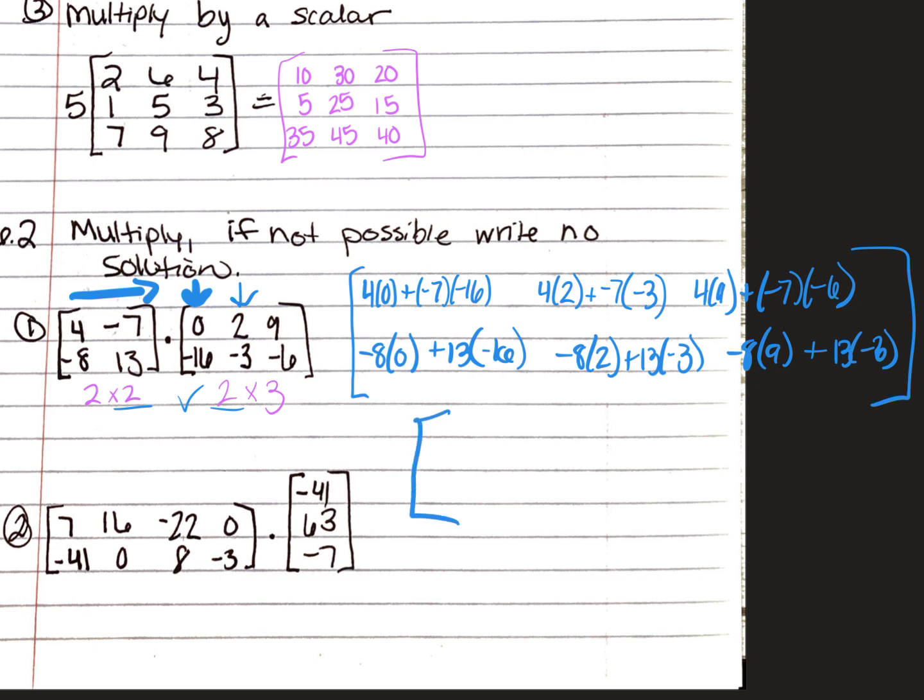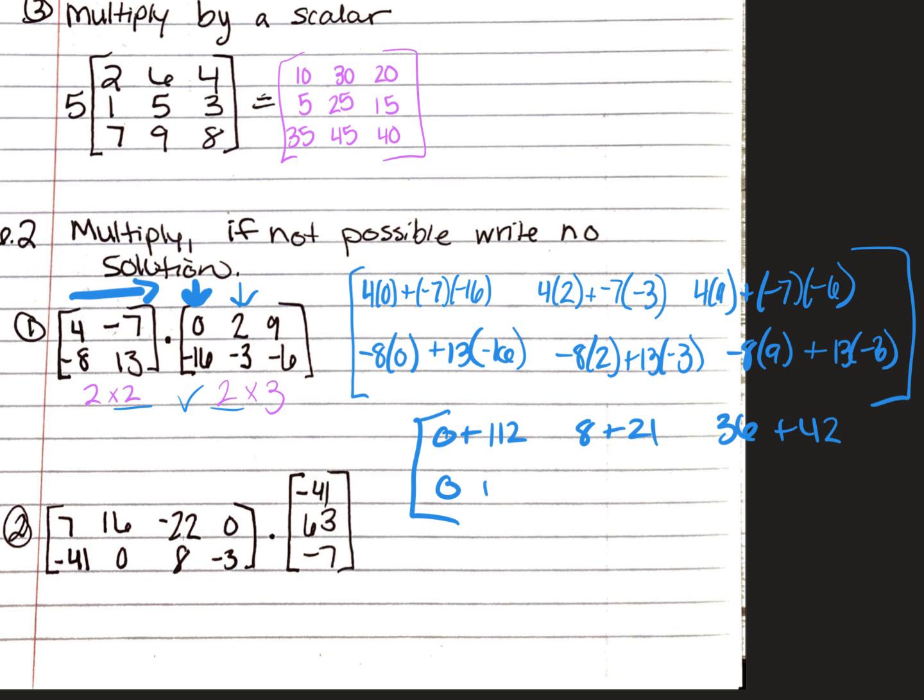Right, so then 4 times 0 is 0. 7 and 16 is 112. Then you have 8 and 21. 36 and 42.